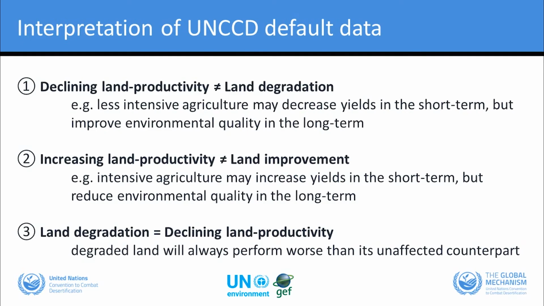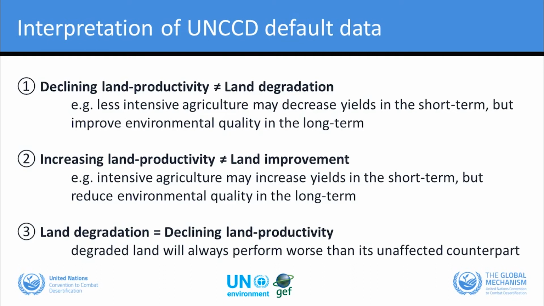In the end, on the interpretation of LPD, land productivity dynamics data, we have to know that declining land productivity is not equivalent to land degradation. For example, land-intensive agriculture may decrease yields in the short term, but improve environmental quality in the long term.